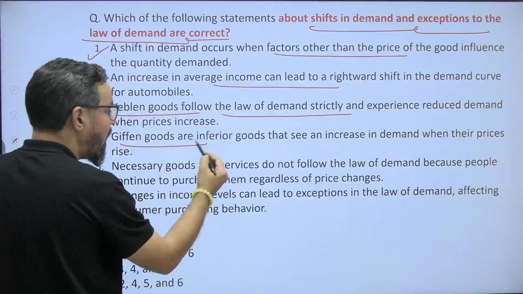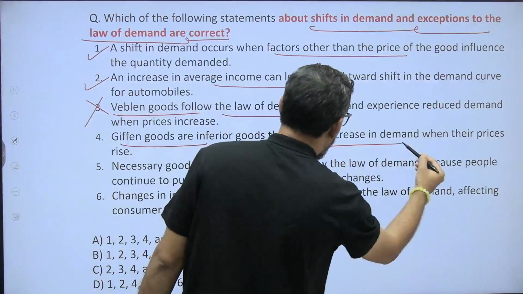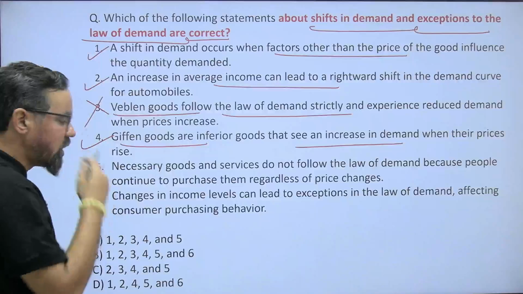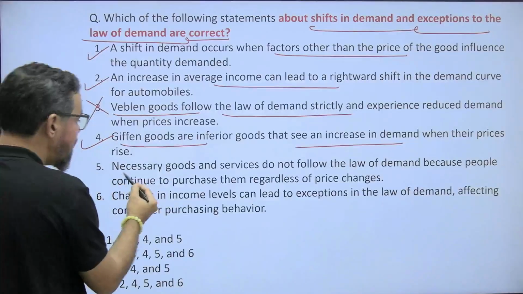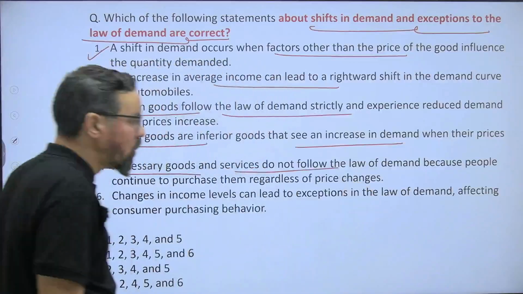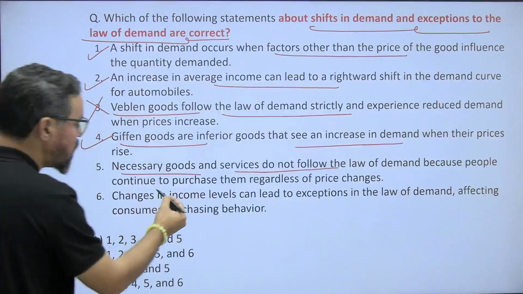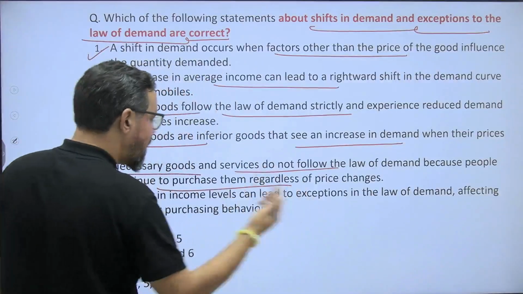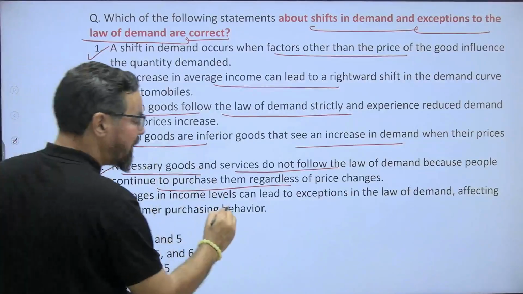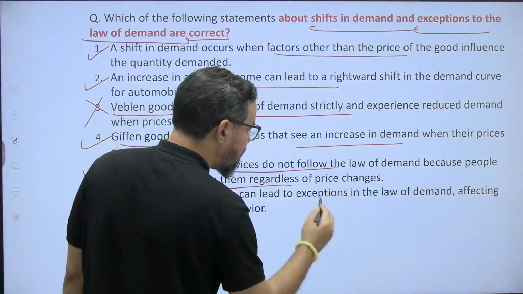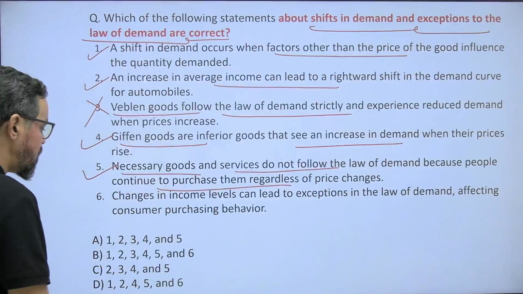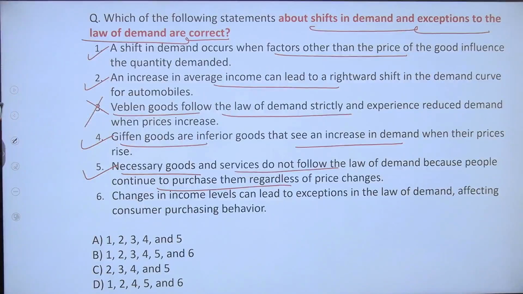Giffen goods are inferior goods that see an increase in demand when the prices increase. True, because these are kind of necessity goods. Necessity goods and services do not follow the law of demand because people continue to purchase them regardless of the prices, like salt, like packaged foods. Changes in income level can lead to exceptions in the law of demand, affecting consumer purchasing power.